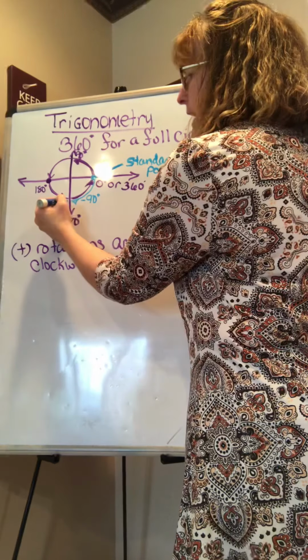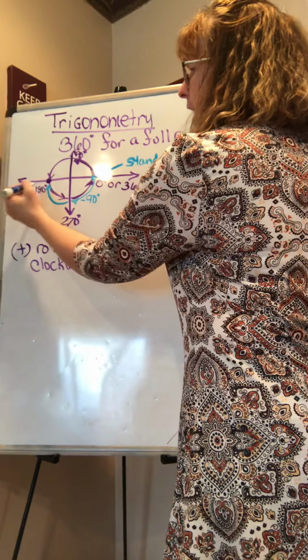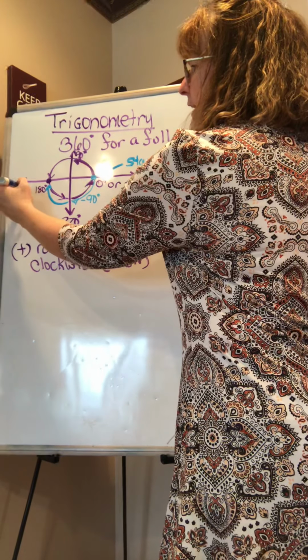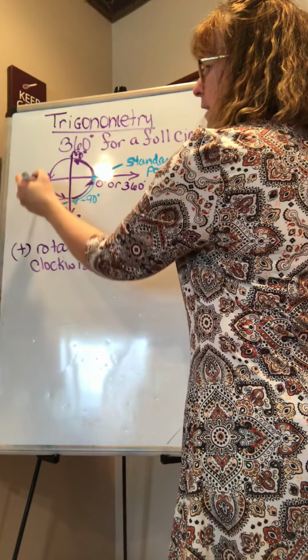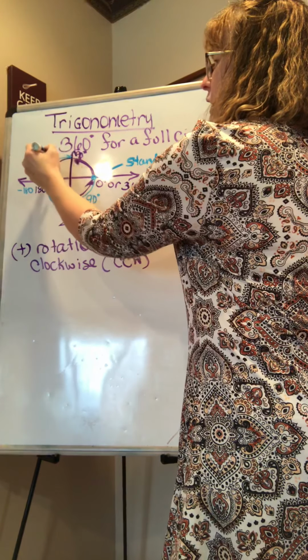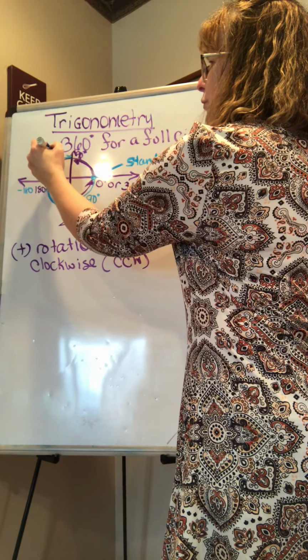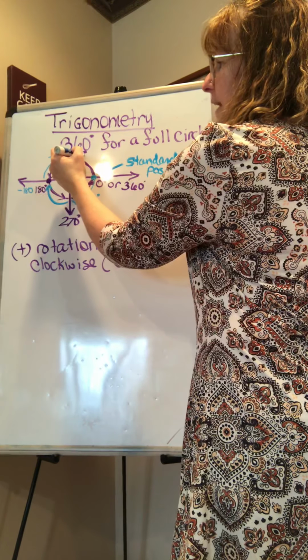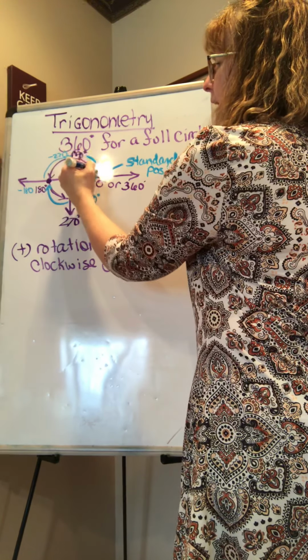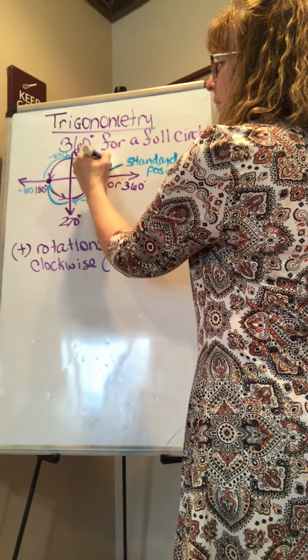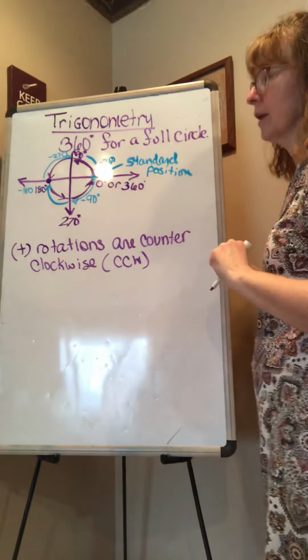And if I rotate another negative 90, I land at 180, negative 180 and 180 are one and the same. If I rotate all the way around to negative 270, I'm at the same as 90. And negative 360 lands me back at 0.